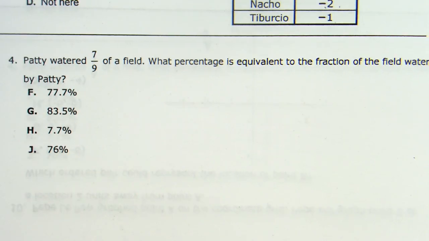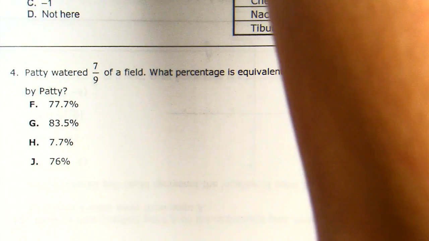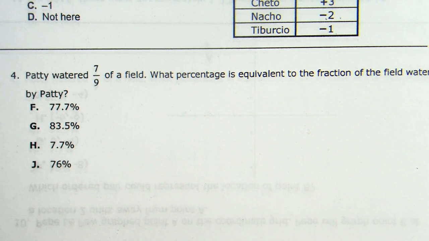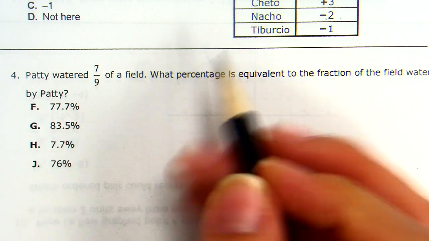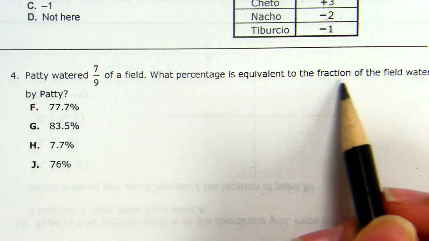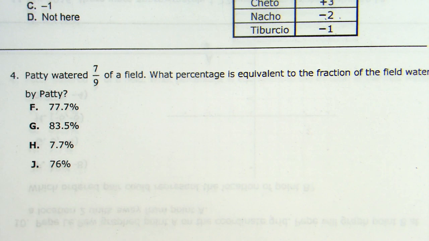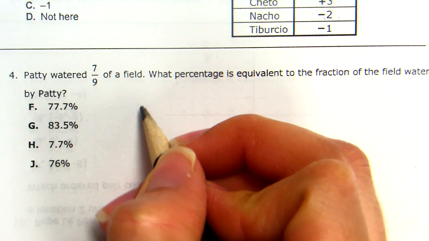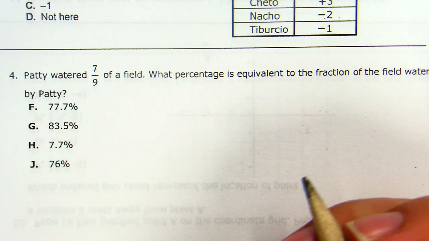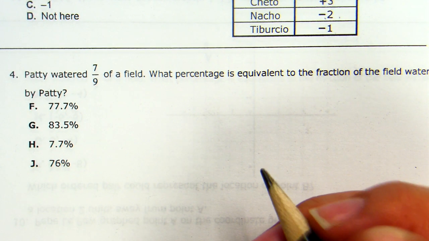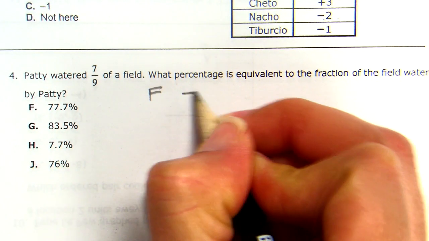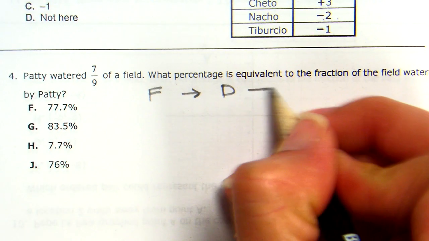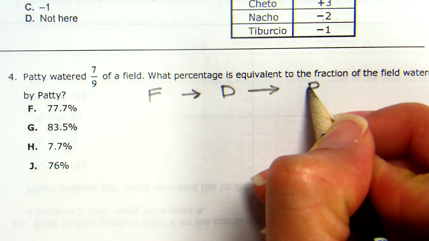Number 4, it says Patty watered 7/9 of a field. What percentage is equivalent to the fraction of the field watered by Patty? How do we turn a fraction into a percent? By division first, so we can have it as a decimal, and then decimal to percent, okay? We have a fraction, we're going to turn it into a decimal first, and then we're going to turn it into a percent.